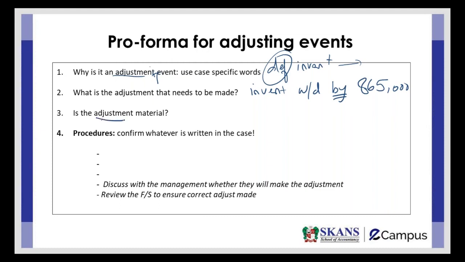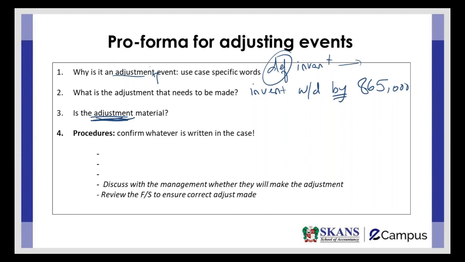Now you will tell me whether this adjustment is material or not. The adjustment that you have proposed, can you please tell me the percentage? What percentage is it? Absolutely right. 10.9.